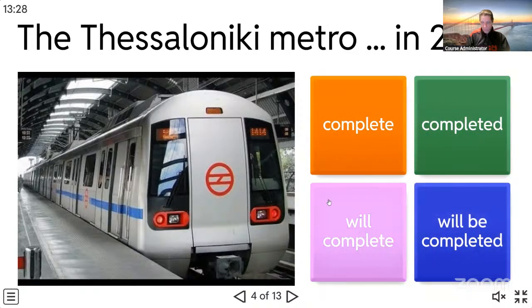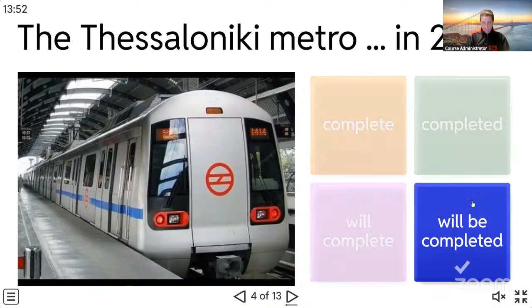So now we have a choice: will complete or will be completed. So the correct choice, of course, needs to be will be, because as I mentioned before, we need to use the verb to be form when we use the passive. So will, verb to be, plus the past participle, completed. The Thessaloniki Metro will be completed in 2025.